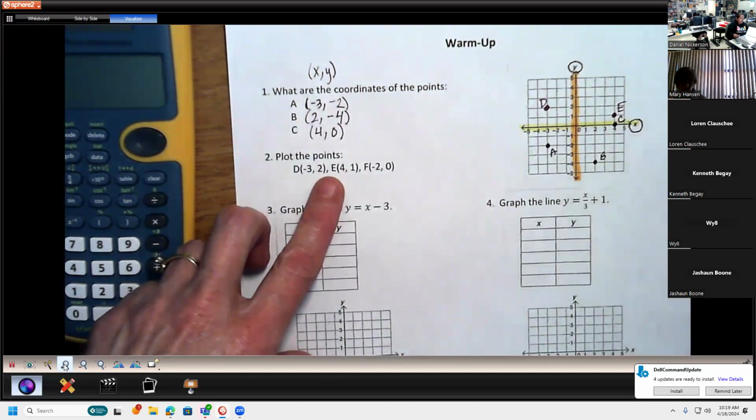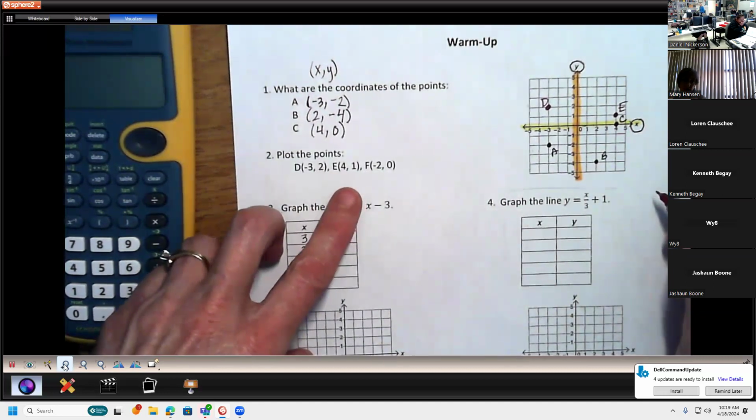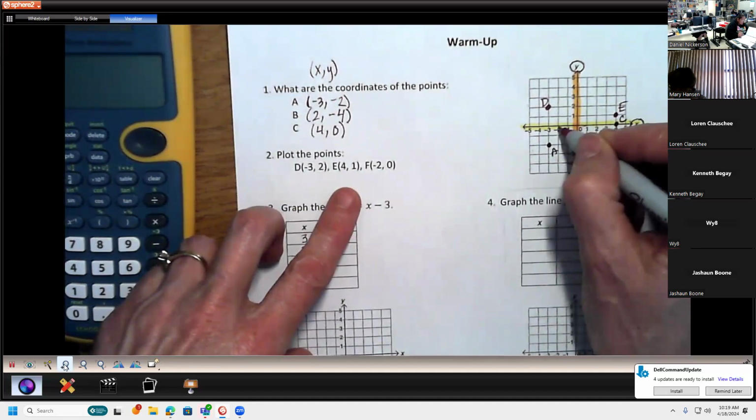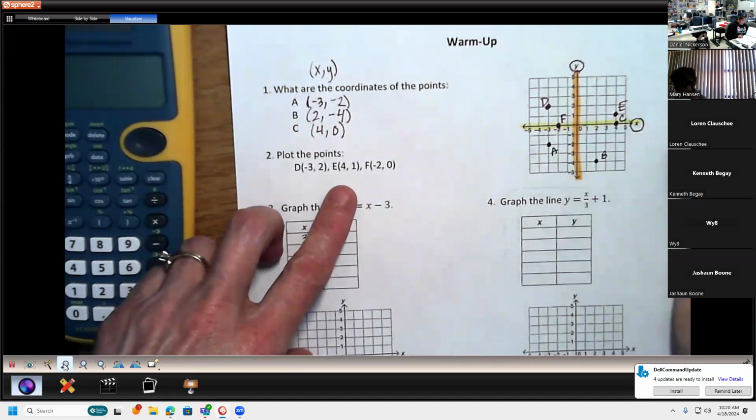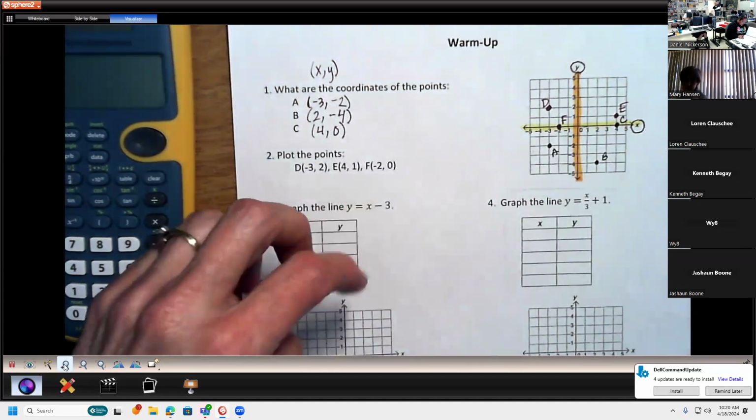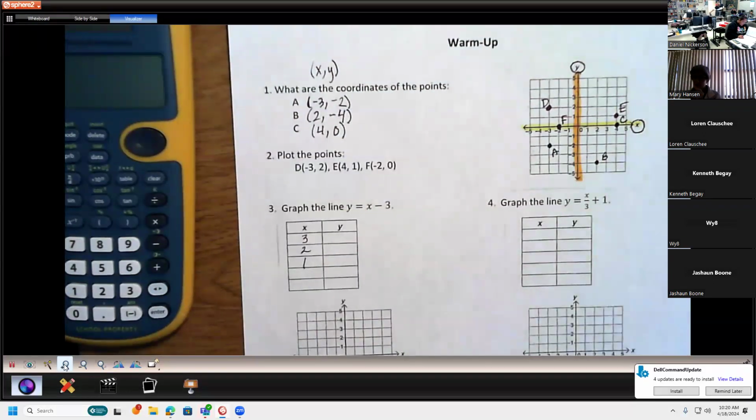So point E is right above point C. And then for point F, I go to the left 2 and up or down 0. And so it's right there on the axis. Okay. Any questions that you have about graphing?